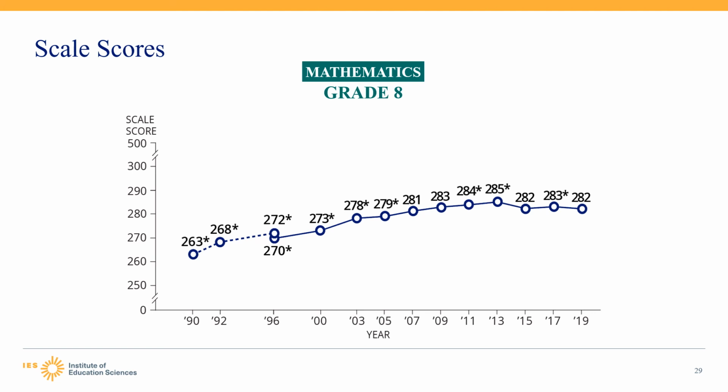For example, we can see that in 2019, students' scale score was 282, and in 1990 was 263. We can also see that compared to 2017, students' scores were lower. This is denoted by the star on 283.